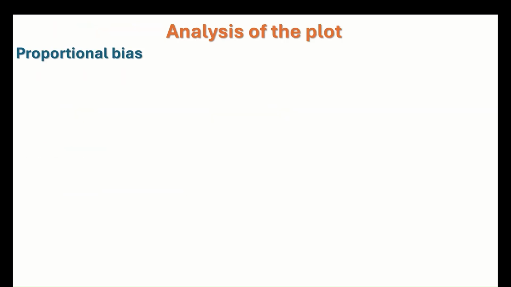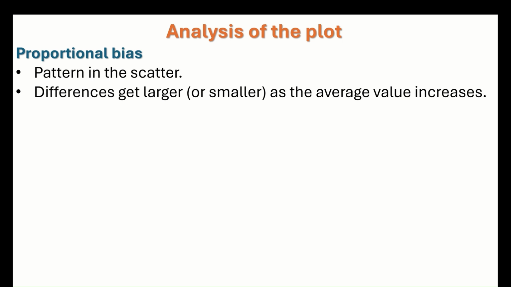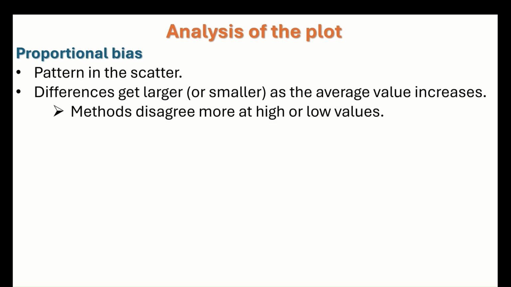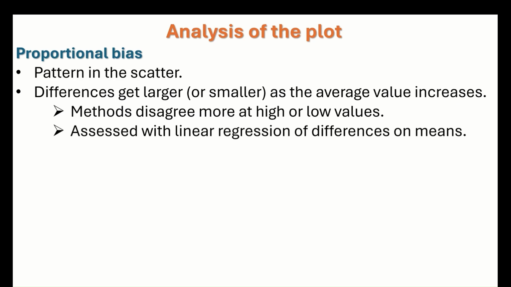Another thing to check is whether there is a proportional bias. To do that, look at whether there is a pattern in the scatter plot. If the differences get larger or smaller as the average value increases, then this indicates that the two methods disagree more at high or low values.